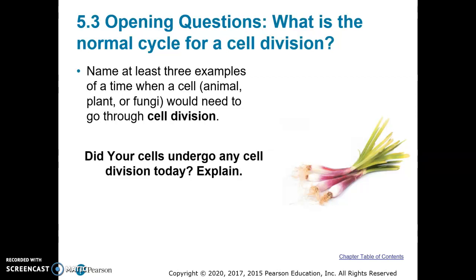5.3 is getting us into this idea of the cell cycle. So we want to get to division and look at mitosis and look at meiosis, but we need to really understand where that takes place and what's going on in the typical life of a cell.